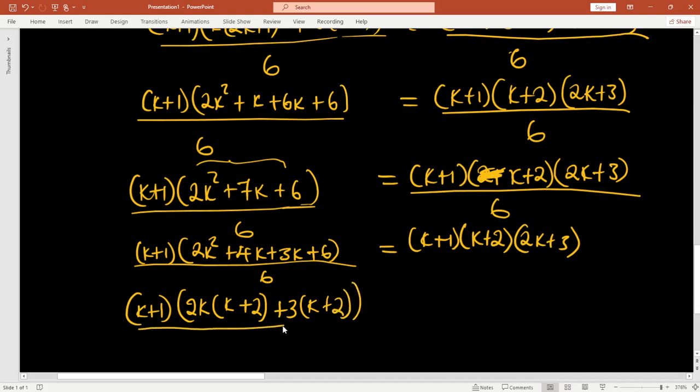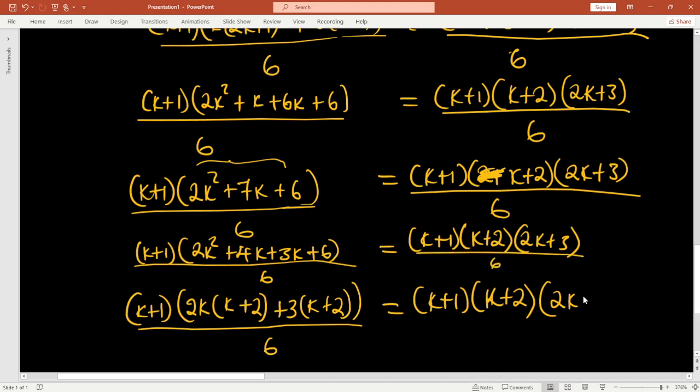We divide this by 6, then this side we equate to k plus 1, k plus 2, 2k plus 3, divided by 6.